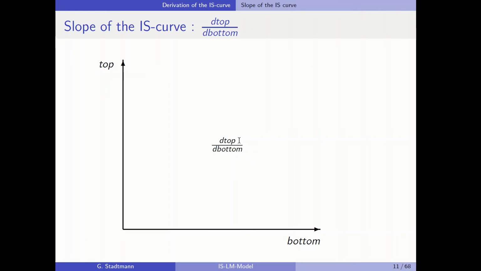So the variable on the vertical axis goes to the top, and the variable on the horizontal axis goes to the denominator. So the slope of the IS curve, where we have the interest rate and the GDP level, is di dy.